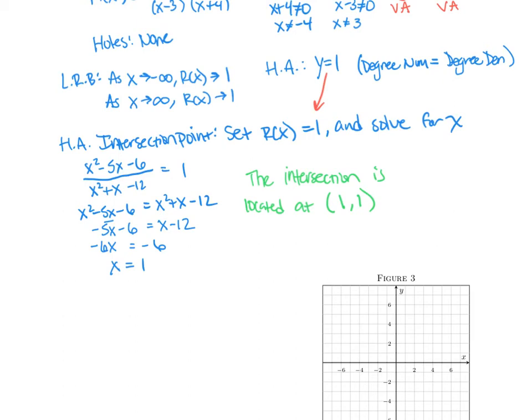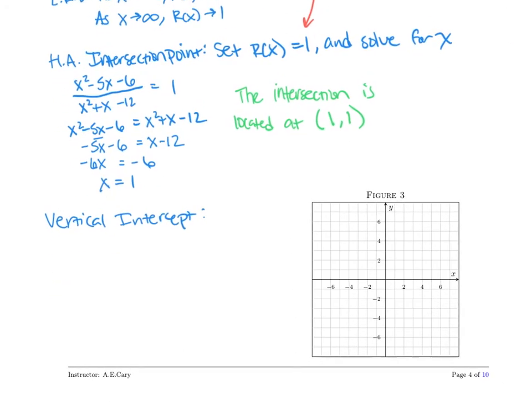Our third bullet point was taking a look at our vertical intercepts. And for this one you can use either the factored version or the original version. I think I'm just going to use the original version because that's what I have in my notes from last year.